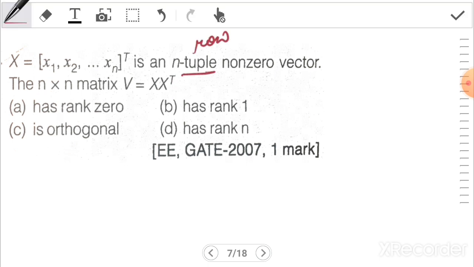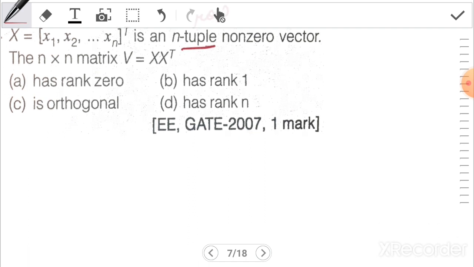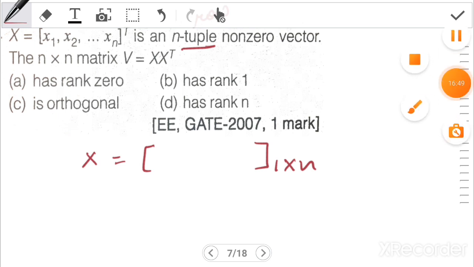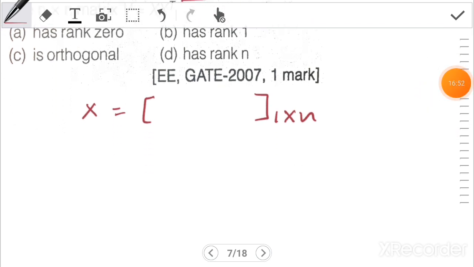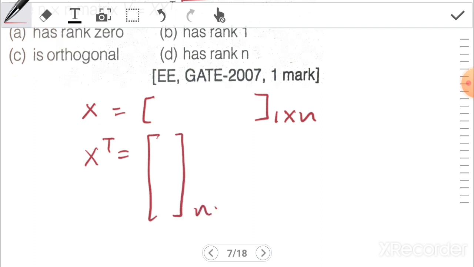So X is a 1 cross n matrix and X transpose will be an n cross 1 matrix.